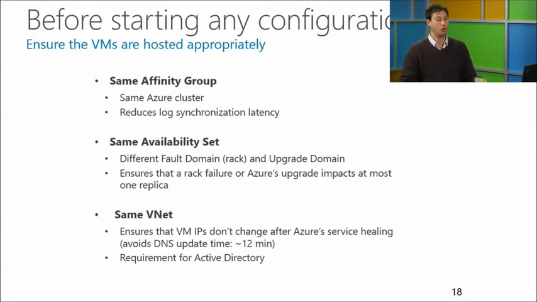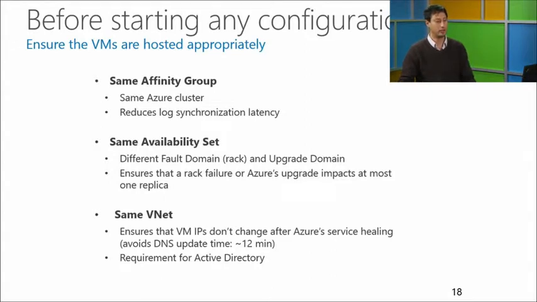So there are 3 things that you need to think of. One is make sure that these virtual machines are part of the same affinity group. This is a concept from Windows Azure, and basically, this means they are part of the same Azure cluster. And a cluster is a set of racks that are close together. The reason why you want to do this is because you want your primary and your secondary to be close, because you want to reduce latency between them. You want to make sure that your secondary is continuously synchronizing as fast as possible.